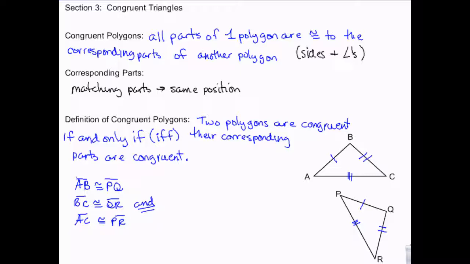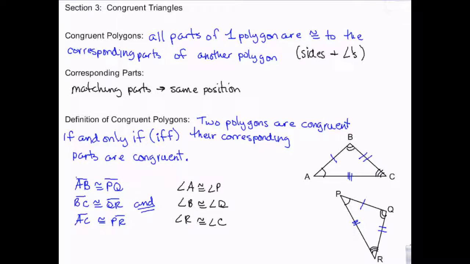And angle A has to be congruent to angle P. Angle B has to be congruent to angle Q. And angle R has to be congruent to angle C. So all the sides have to be the same length. All the angles have to be the same measure.